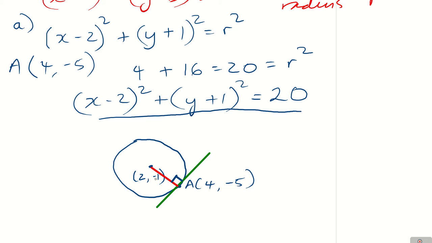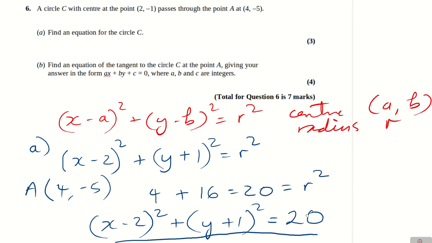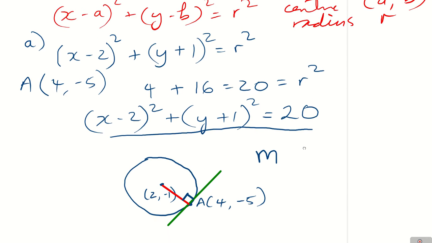So what we need to try and find is the gradient of the radius from the centre, which is at the point (2, -1), to point A. I'll call the centre O.